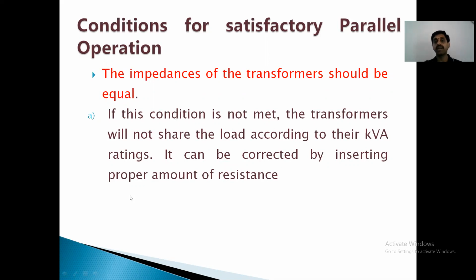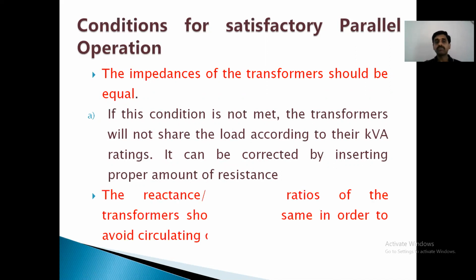It can be corrected by inserting proper amount of resistance. In such case, proper amount of resistance must be inserted to match the impedances of the transformers. The reactance to resistance ratios of the transformers should be same in order to avoid circulating currents. So why must the X by R ratio be same?